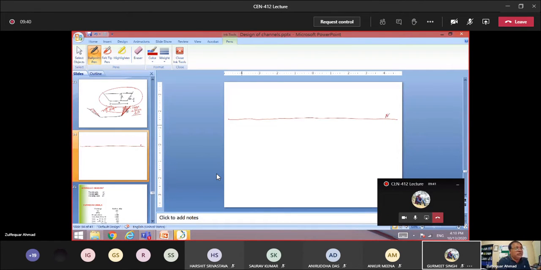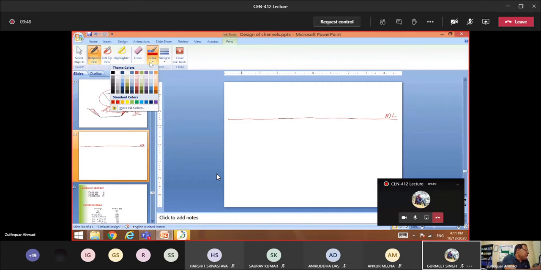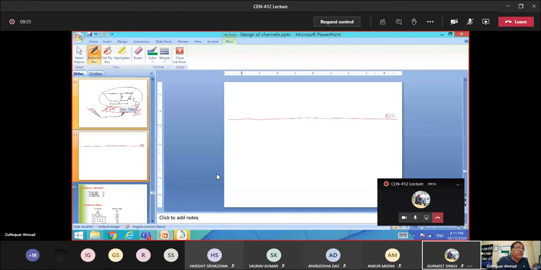This is the natural surface, I mean, this is a ground level. And you have to construct this canal, and this canal may be in complete cutting, right?